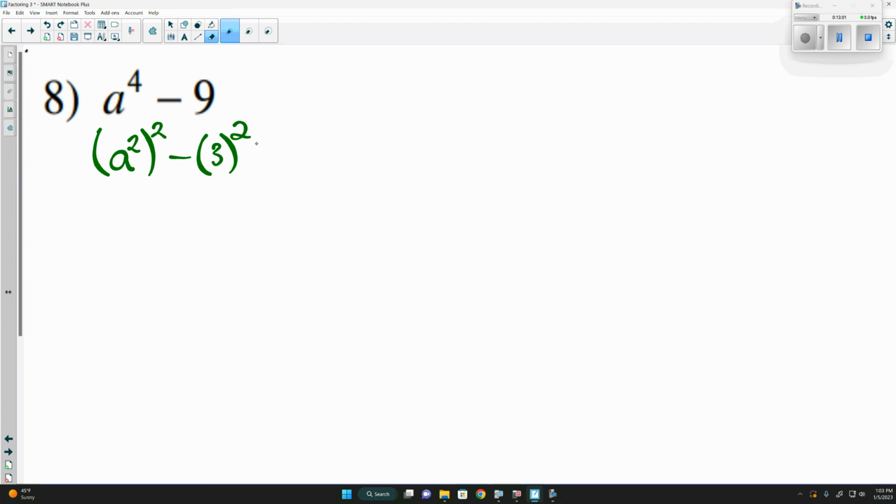Because powers of powers multiply. Or a squared times a squared would be a to the 4th. So we can still do the exact same thing. It's just this time our a terms, our first set of terms, is going to be a squared. So we'd have a squared plus 3 times a squared minus 3.